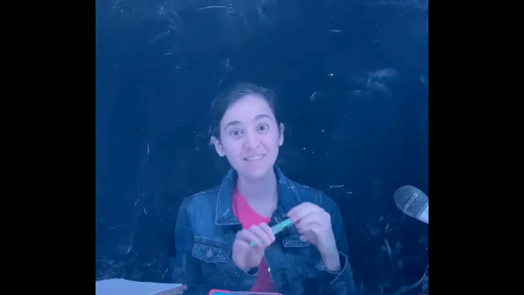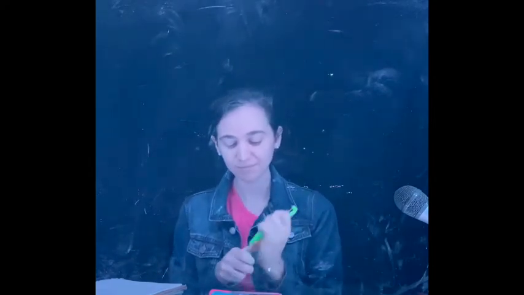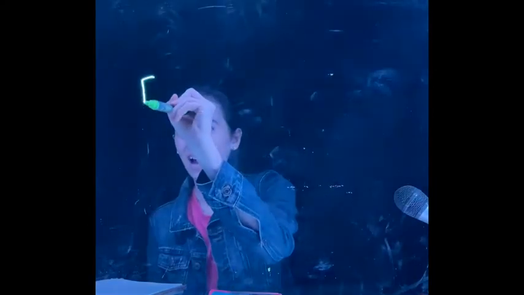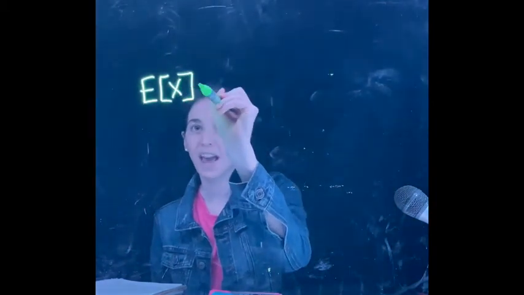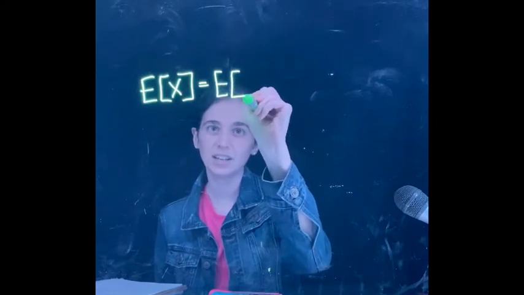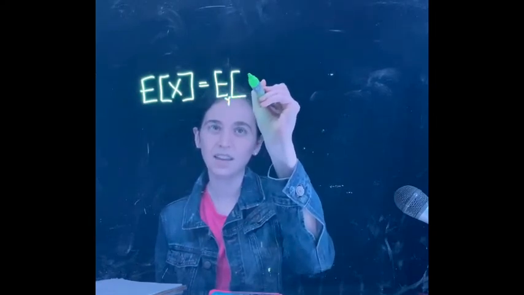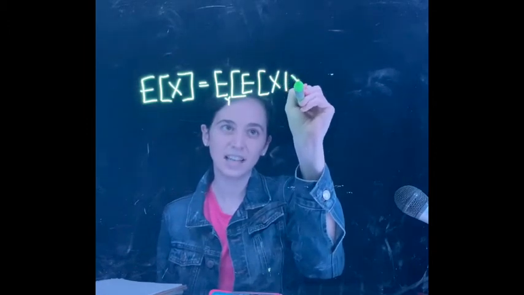Okay, I'm going to show you something called the law of iterated expectation, or it's also sometimes called the law of total expectation. This law shows that the expectation of some random variable x is equal to the expectation with respect to y of the expectation of x given y.